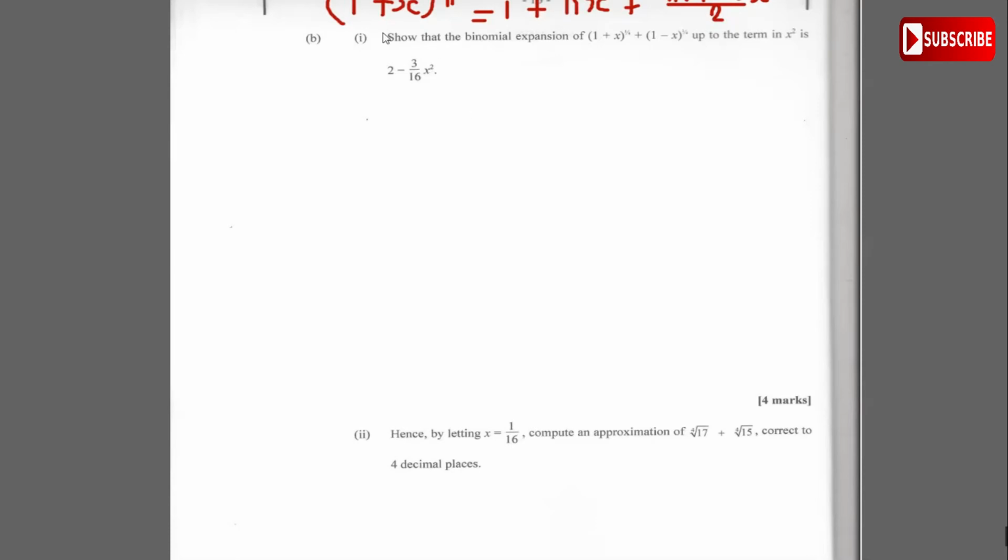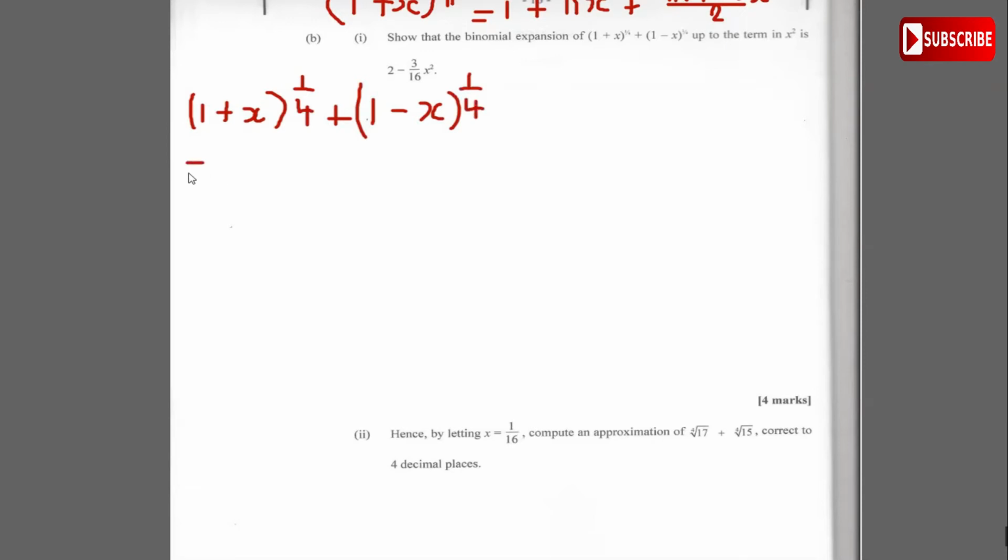So we need to show this binomial expansion up to the x squared term. Let's go ahead and do that. What we're going to get is (1 plus x) raised to the quarter plus (1 minus x) raised to the quarter. We're going to be utilizing the formula here.